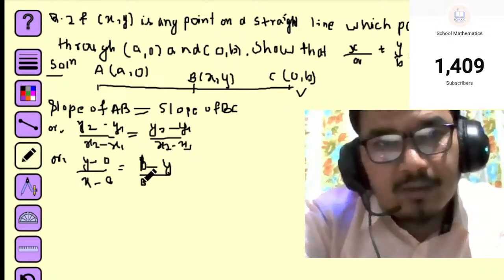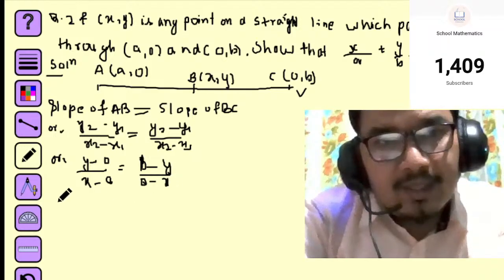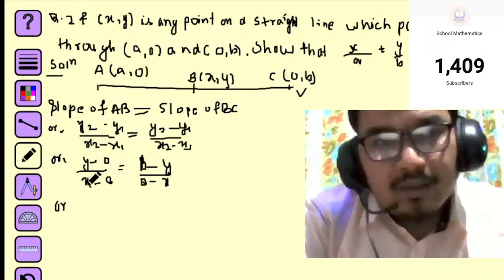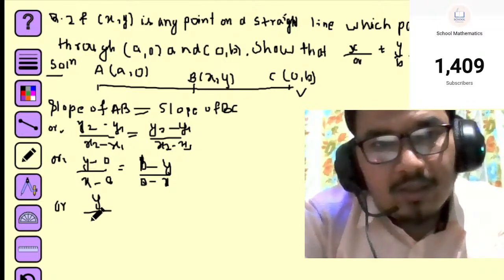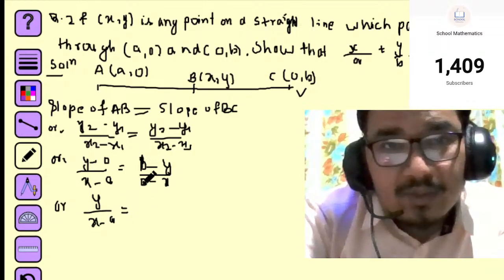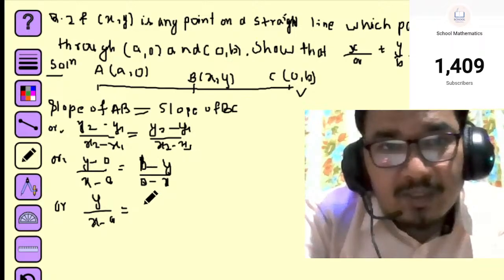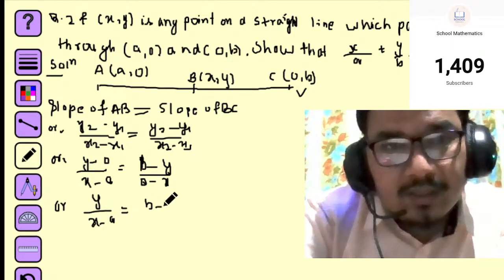Remaining is y by x minus a equals b minus y by minus x.